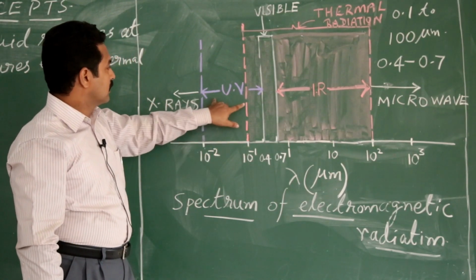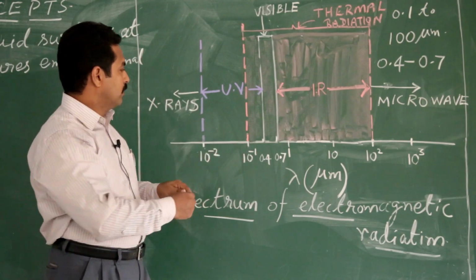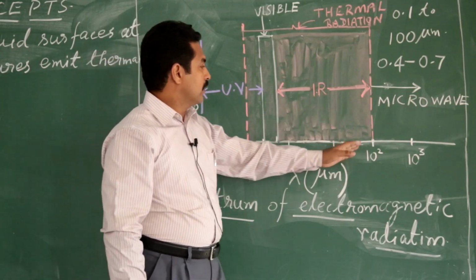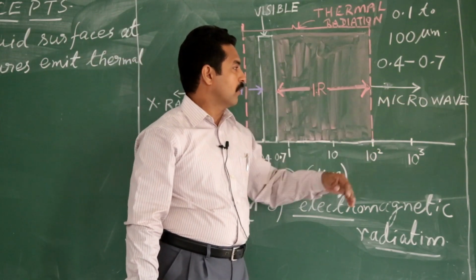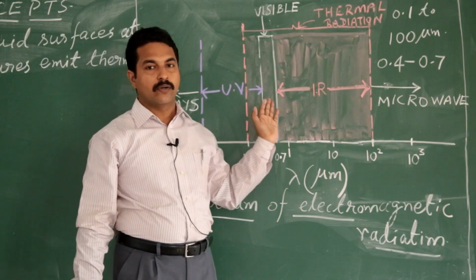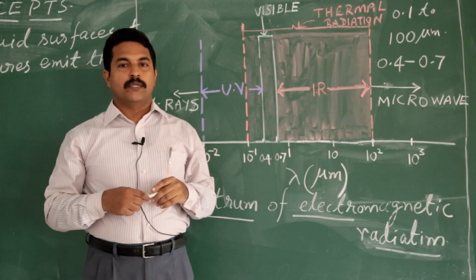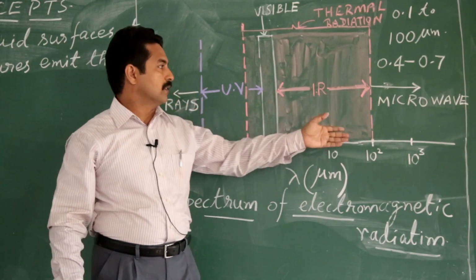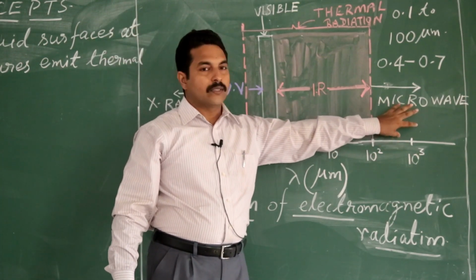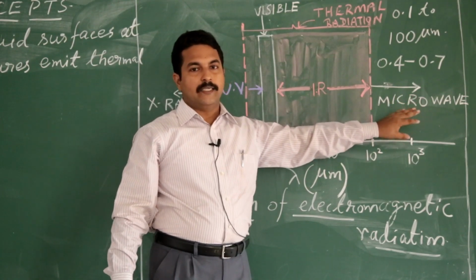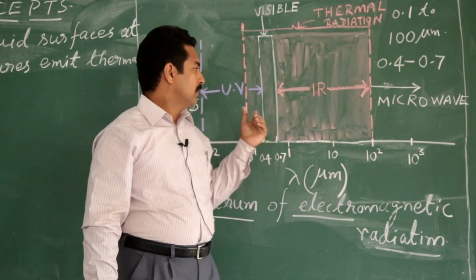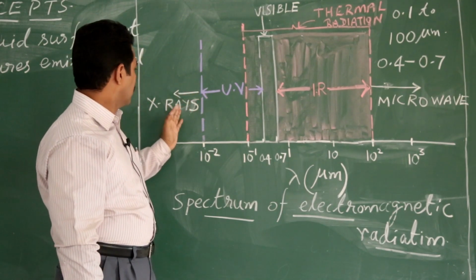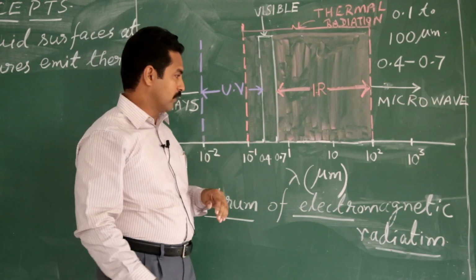Here you can see ultraviolet, and to the right of this, IR represents infrared. Then from 100 microns onwards is microwave, then radio waves, and it goes on like that. People working in electronics or other scientists work in that area because the particle energy is very low. Here the particle emission energy will be very high. That's why they go for X-rays, gamma rays and all.